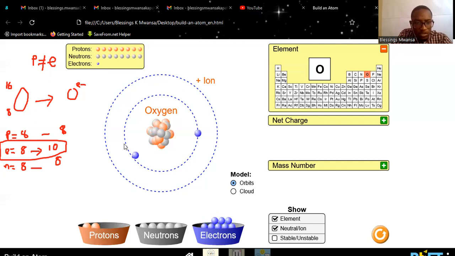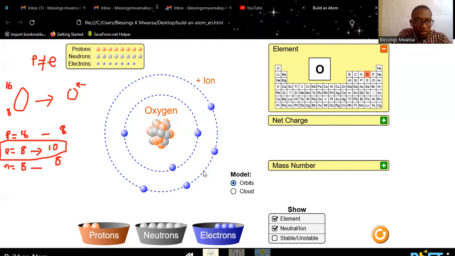Remember in the first shell, it's 2. Then if it was an atom, it was supposed to have 8, meaning 2,6. And here it tells you this is a neutral atom.